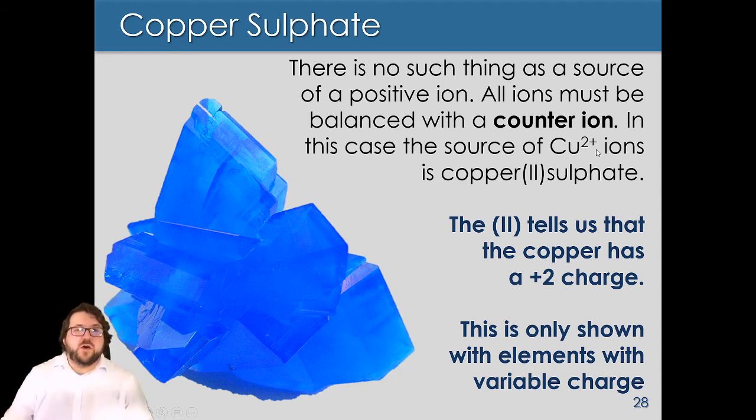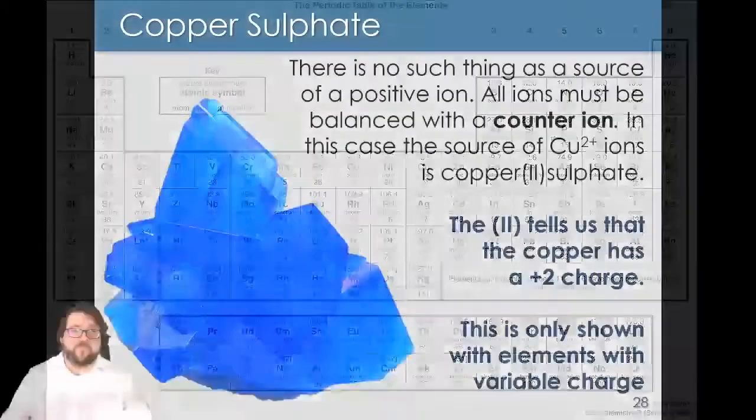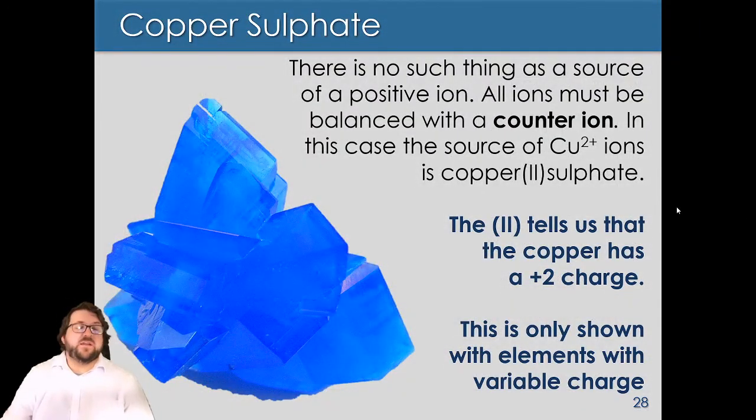But for now, copper 2 plus is defined by the fact that there's the 2 in the name there. And again, we only have to say it when there's elements of variable charge. We don't need to say lithium 1 chloride, because lithium is always going to lose 1 electron because of its position on the periodic table. They're in group 1. So we only need to do that when there's elements with variable charge, and that's largely going to be our transition metals there.